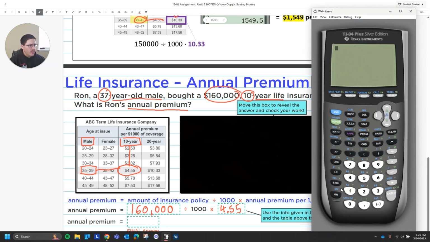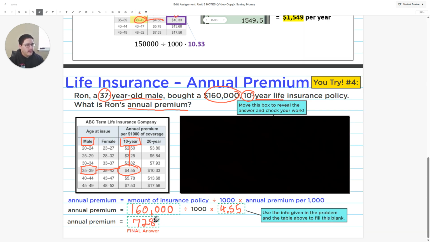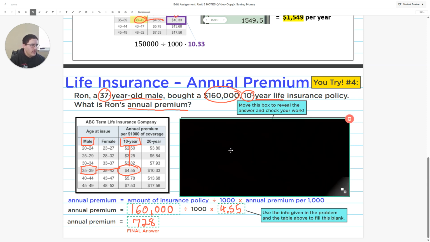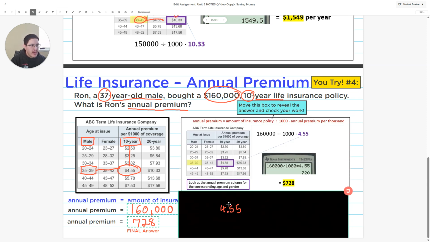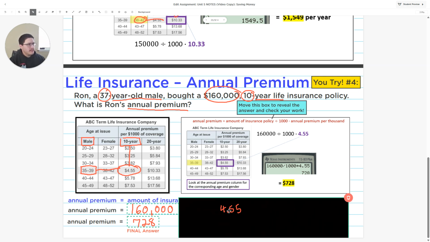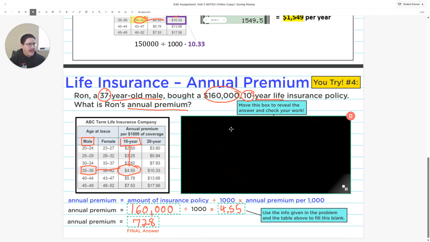We could do this all in one go. 160,000 divided by 1,000 times $4.55, which will be $728. So this is how much he will have to pay per year for this life insurance policy. That's it for try number 4.